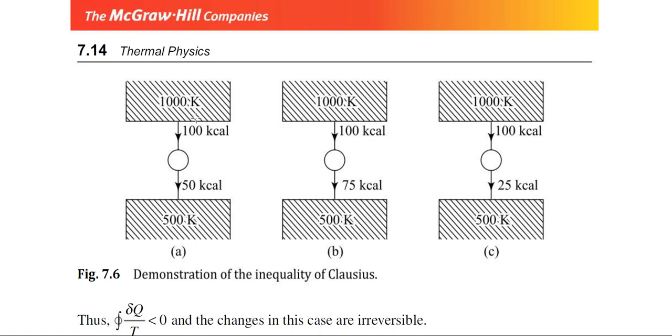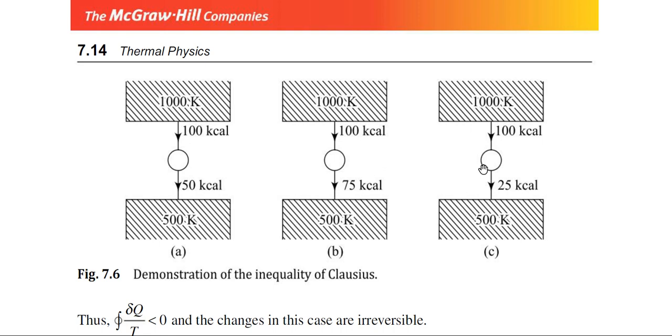In the first case, the system takes 100 kilocalorie of heat and the rejected heat is 50 kilocalorie. So this is T1, this is Q1, this is Q2 and this is T2.